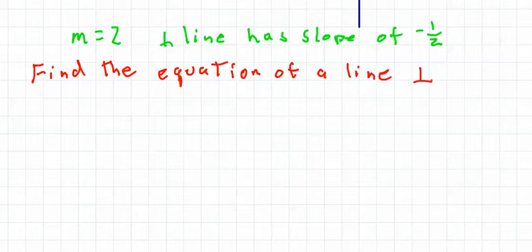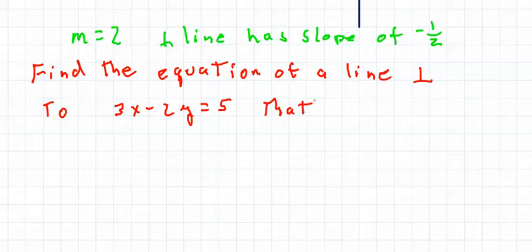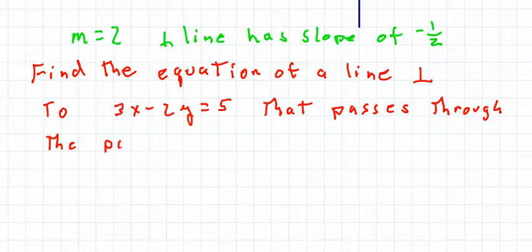That's perpendicular to 3x minus 2y equals 5. That passes through, I could also say that contains, it can be done either way, the point 4, 3.